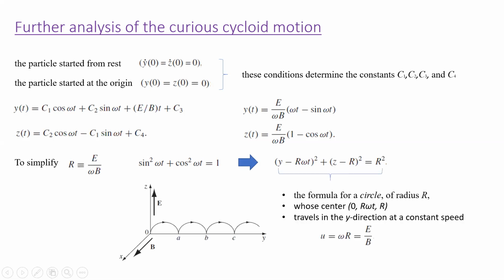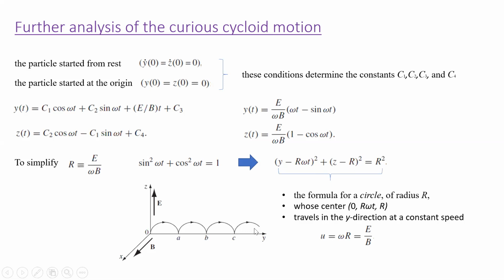So this is the formula for a circle of radius r, where r is defined by these constants here. And the center would be at x equals 0, because x never deviates from 0. Y is r omega t, and z is r. Okay, so z is equal to r.